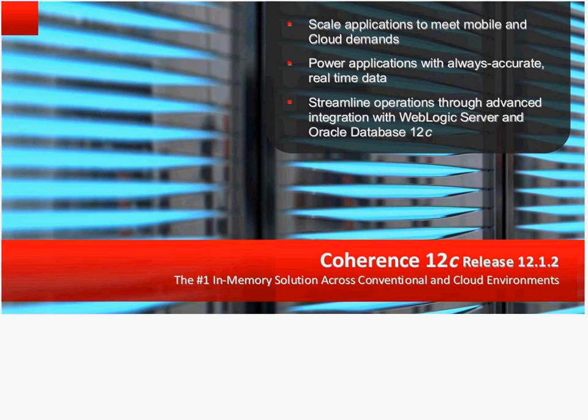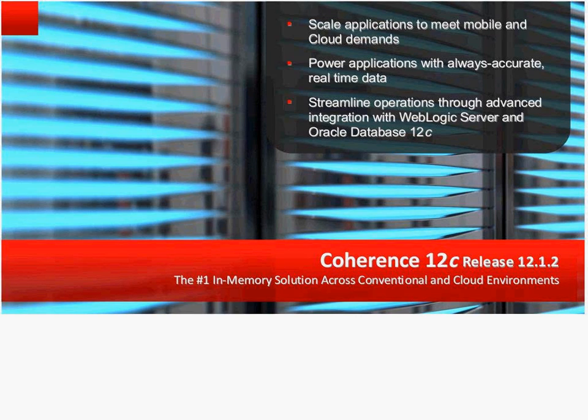It's a common architectural pattern in our customers, and a lot of people are starting to realize as they roll out their cloud infrastructure, their mobile infrastructure, that having a scale-out caching or data grid technology for their application server is a critical part of their architecture.